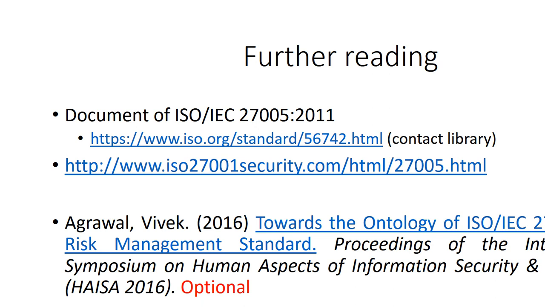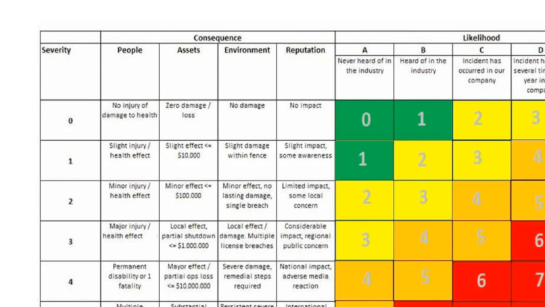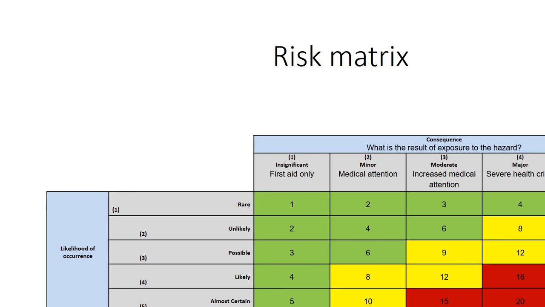So that was all about my lecture, and I also added a risk matrix here. You can utilize this risk matrix in the risk analysis phase, where you have to create a table of likelihood and the consequence of any incident scenario.